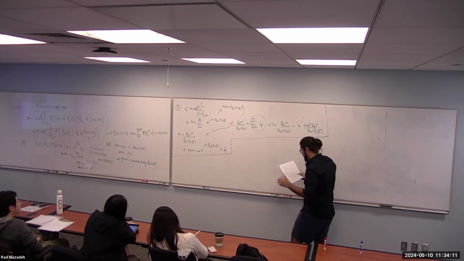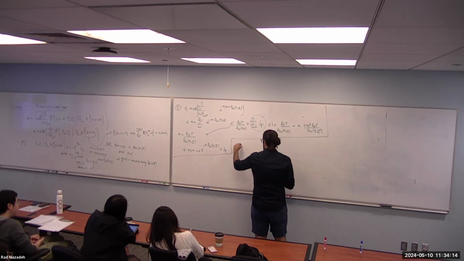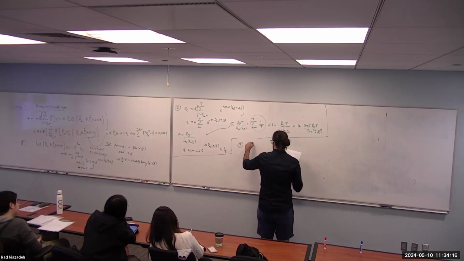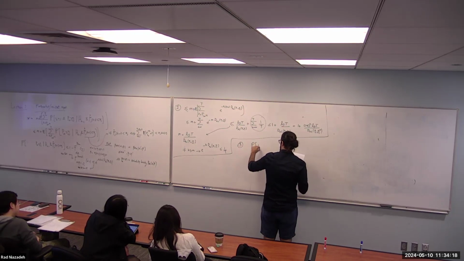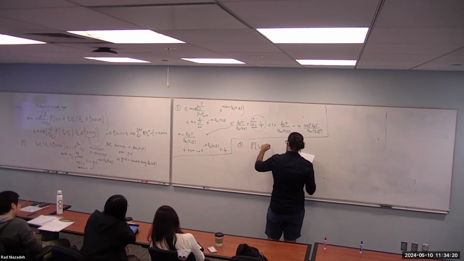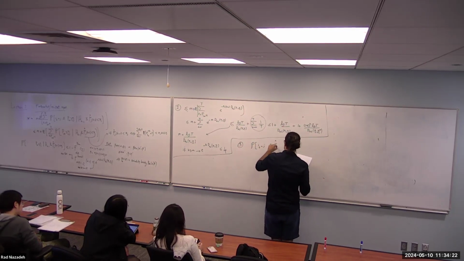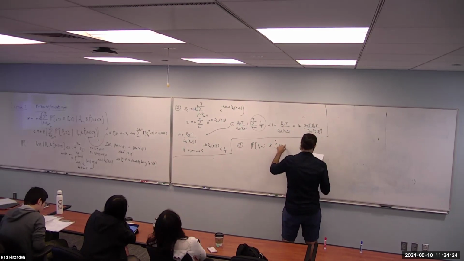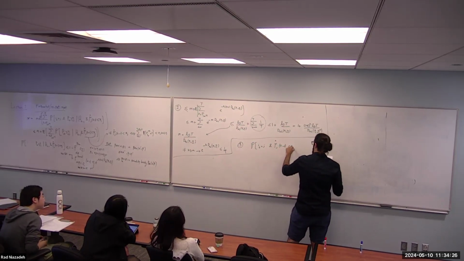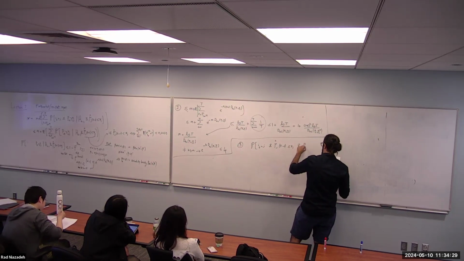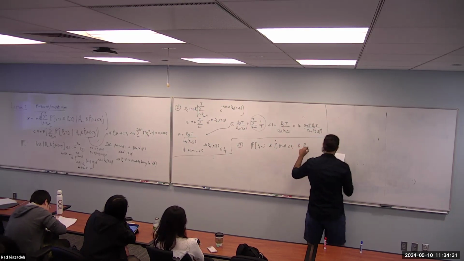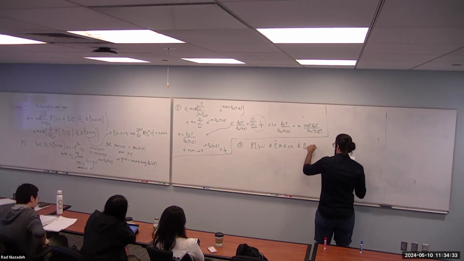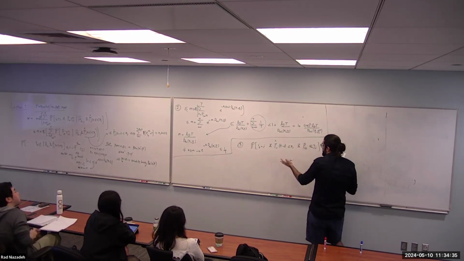But the idea is that we are focusing on the probability of the event that IT is equal to J, and mu hat JT minus 1 does not do an overshoot. Your sample mean doesn't do an overshoot. And you should expect that this is small.